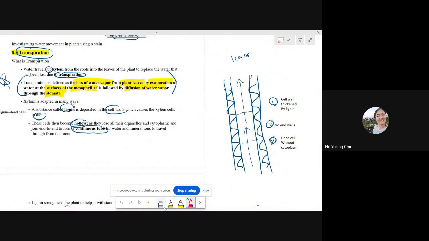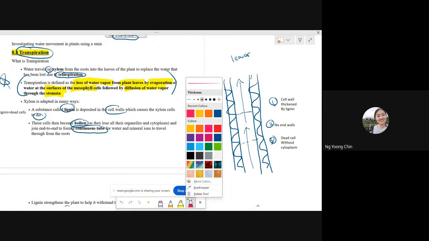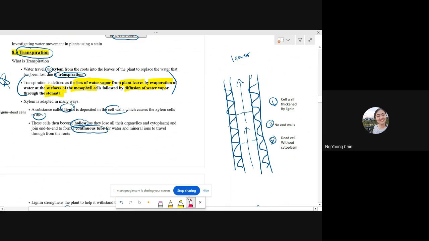This xylem actually contains holes here. This is what we call pits, which is a small hole found on the xylem vessel wall. So what do these pits do?